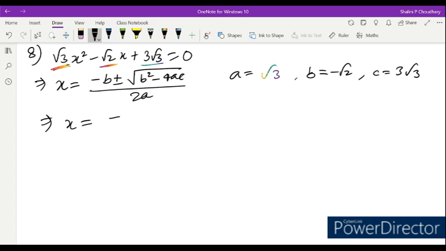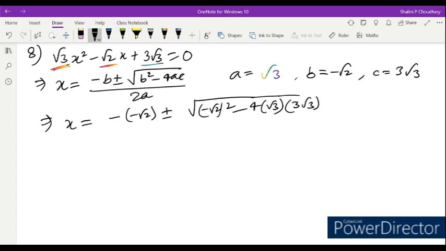So minus of minus root 2 plus minus square root of b square, minus root 2 का whole square minus 4a. A is root 3 and c is 3 root 3. Divided by 2 into a का root 3.